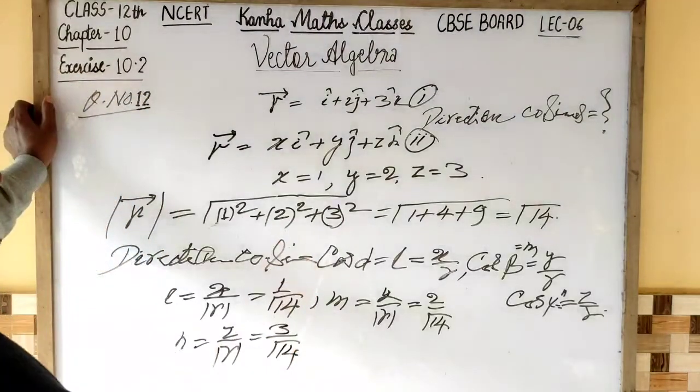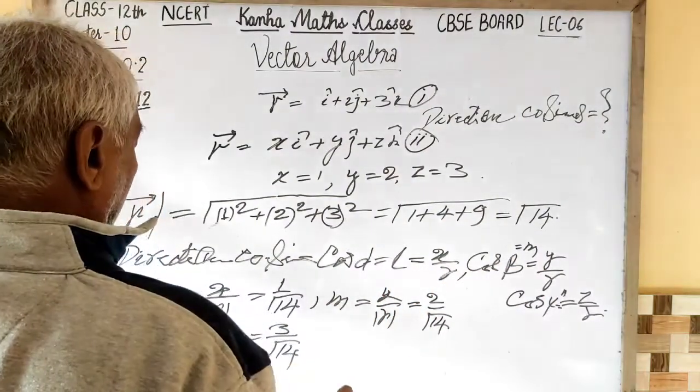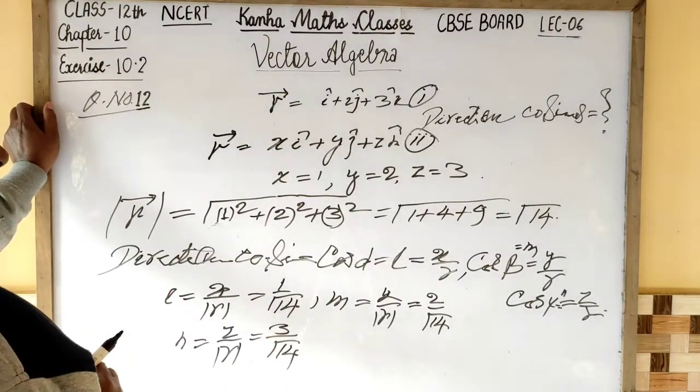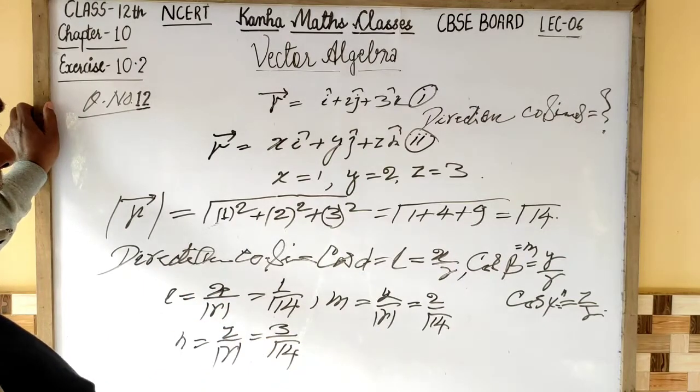You may denote l, m, n by cos alpha, cos beta, cos gamma. Also, you can find the inclination of the vector from the x-axis, y-axis and z-axis. This is all.